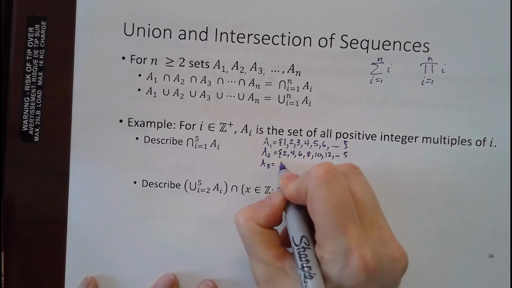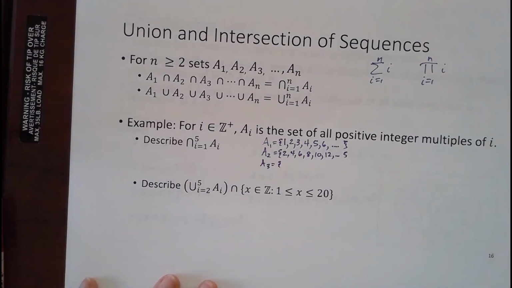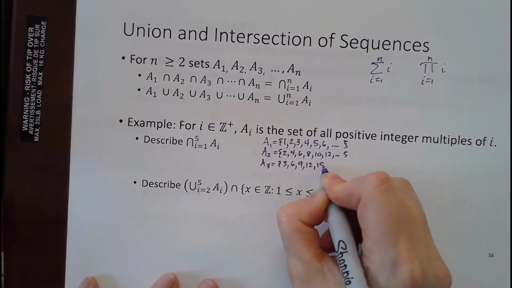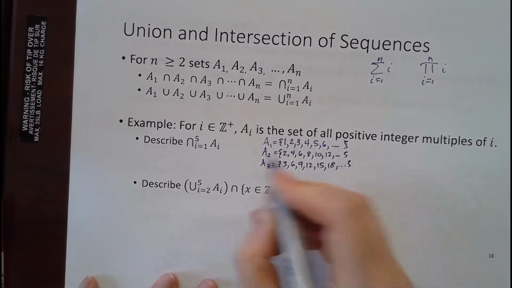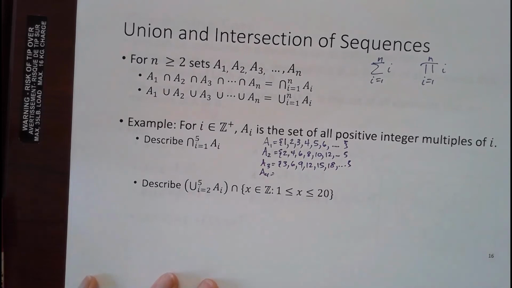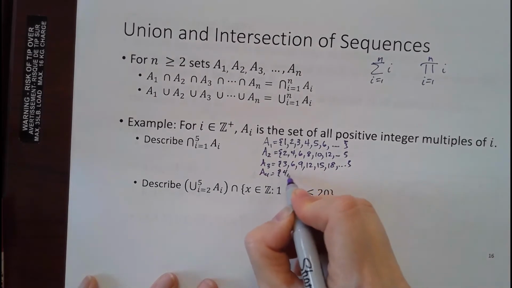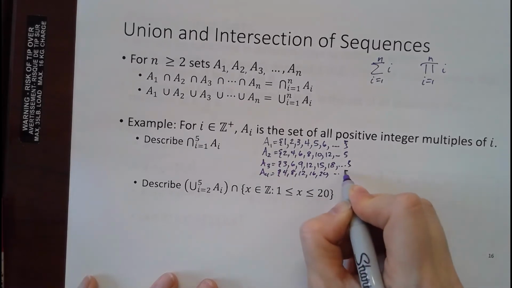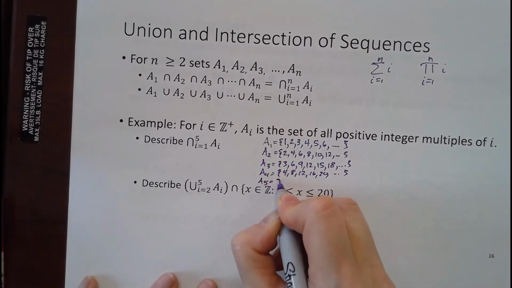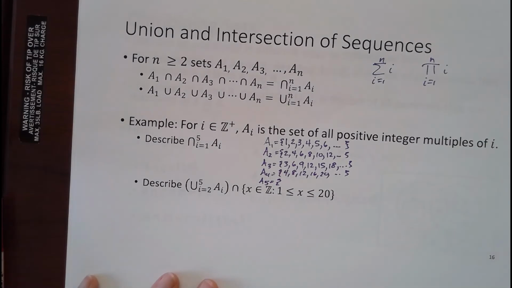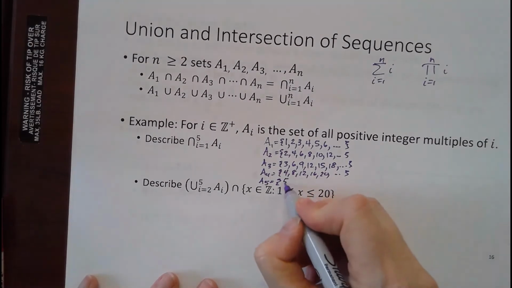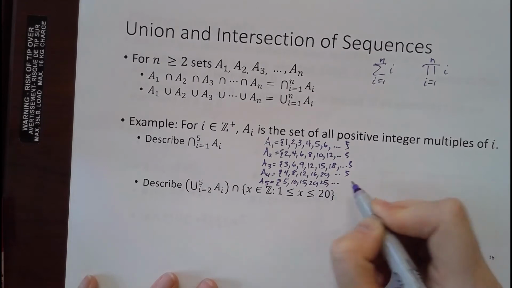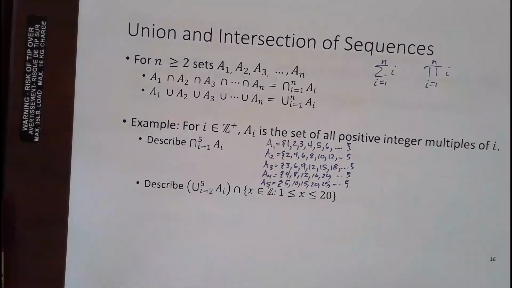Then A sub 3. 3, 6, 9, you got it. 3, 6, 9, 12, 15. Okay, A sub 4. It's going to be 4, 8, 12, 16, 20, etc. And A sub 5. Yeah, 5, 10, 15, you got it. Okay, so that's what those sets look like.